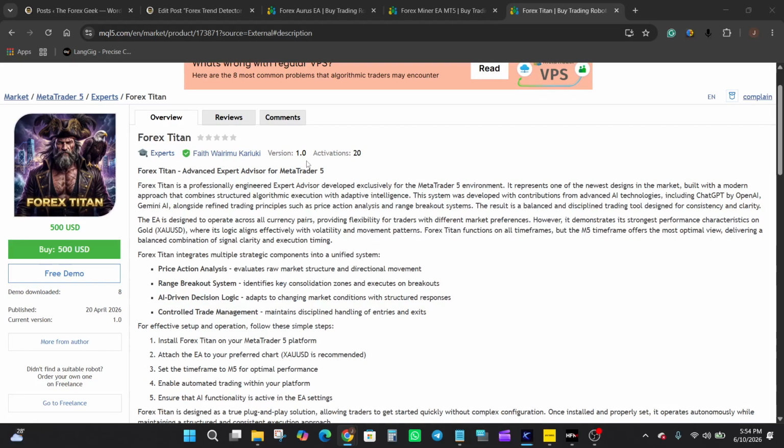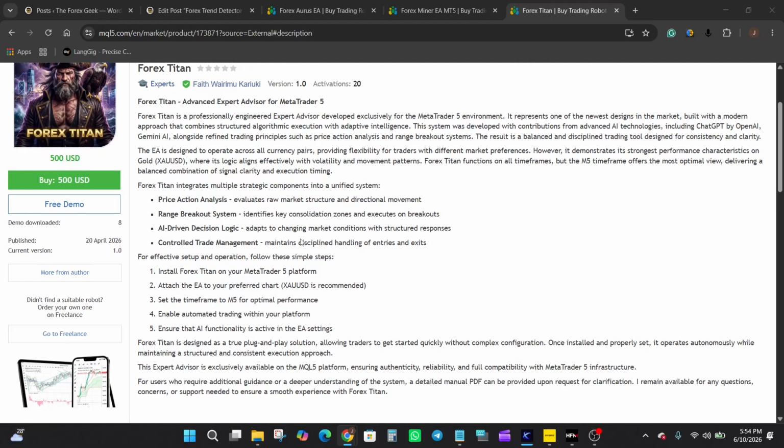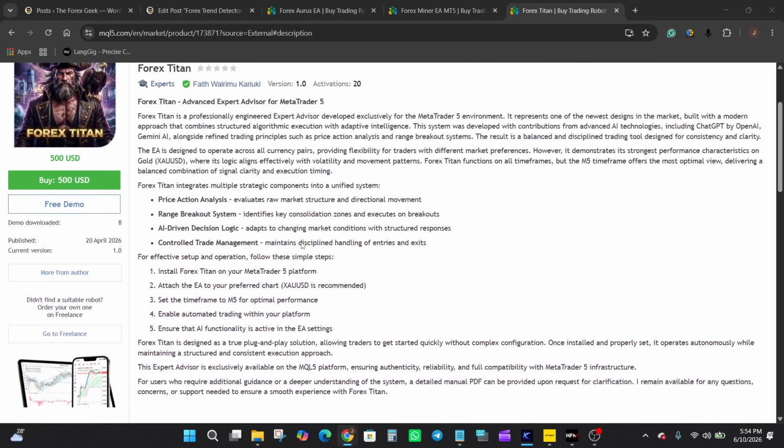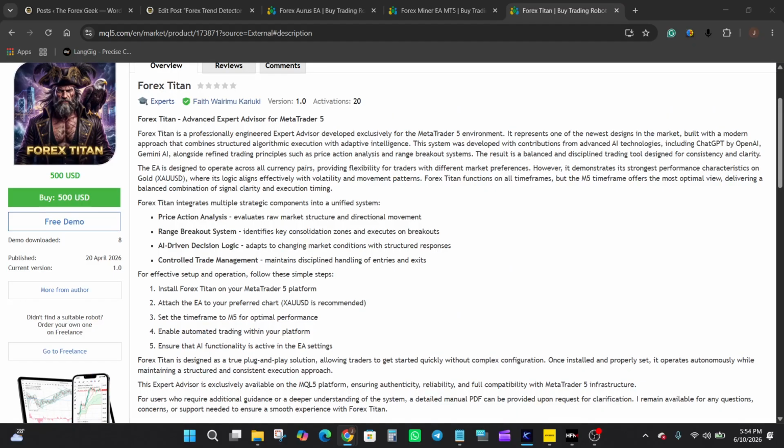The current version is 1.0, priced at $500 with 20 activations available. From the overview, this EA is presented as a modern algorithmic trading system that combines structured execution with adaptive logic.